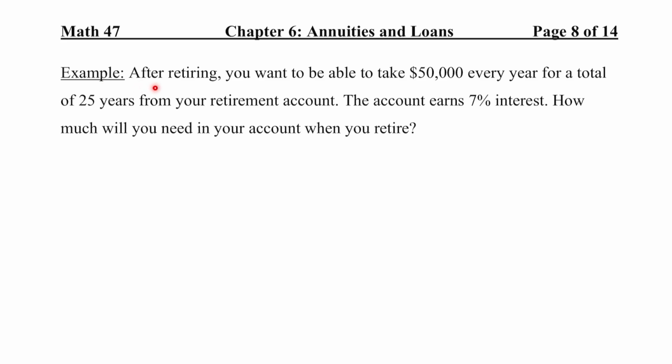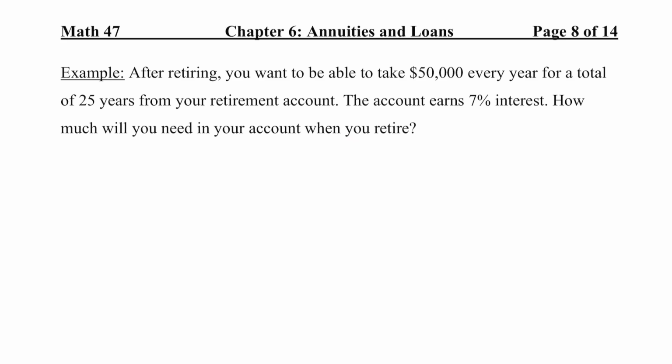Example: after retiring, you want to be able to take $50,000 every year for a total of 25 years from your retirement account. The account earns 7% interest. How much will you need in your account when you retire?